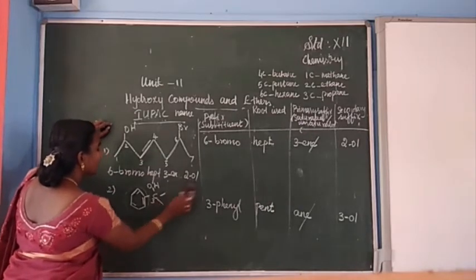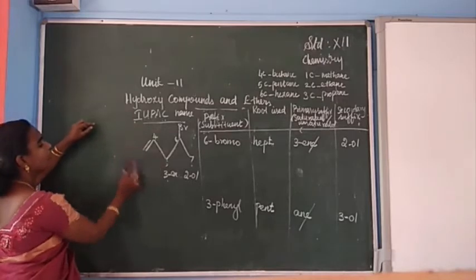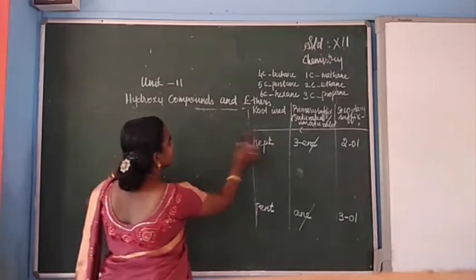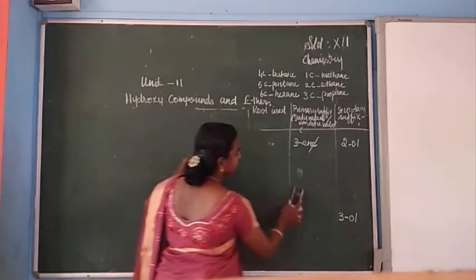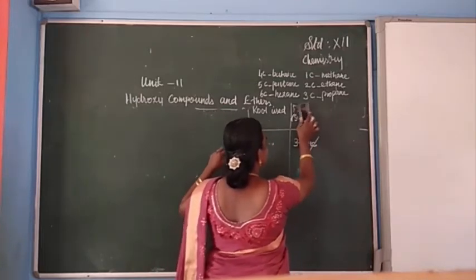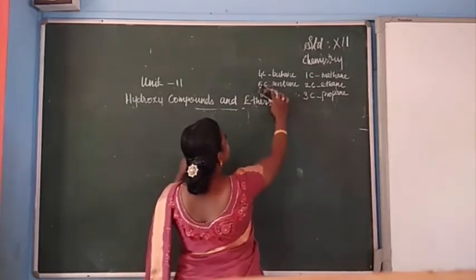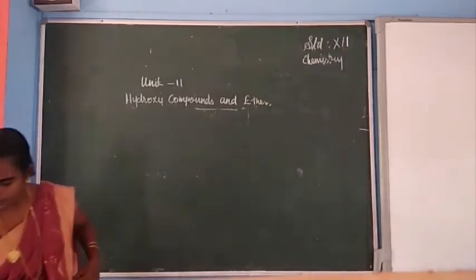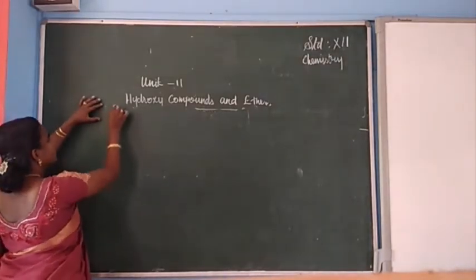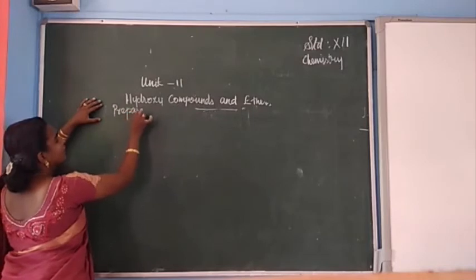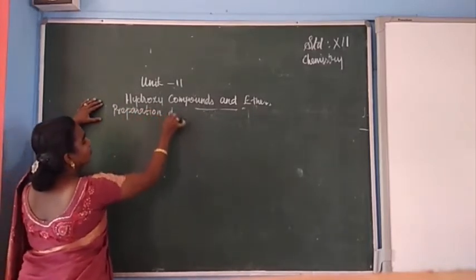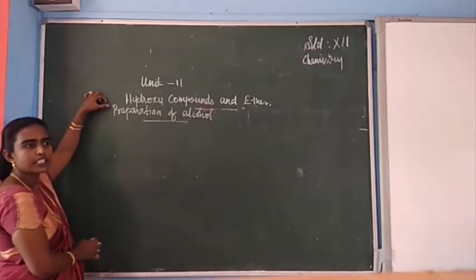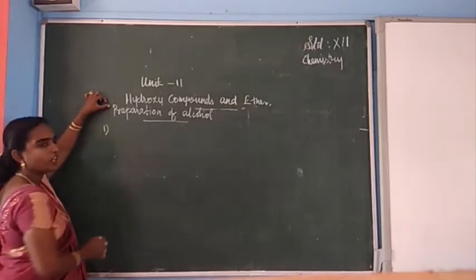preparation of alcohols. First method of preparation for alcohol is by Markovnikov reaction.